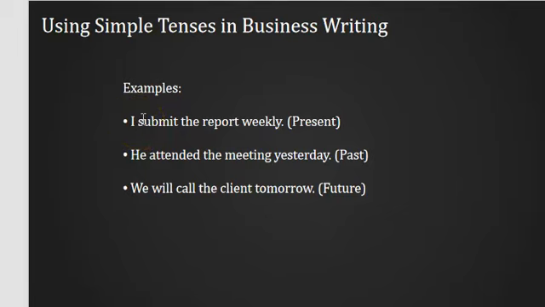Why plural? Because we are required to memorize the subject using pronouns in two categories, that are singular subject and also plural subject. Okay, subjek tunggal dan subjek yang banyak. Alright, more than one.